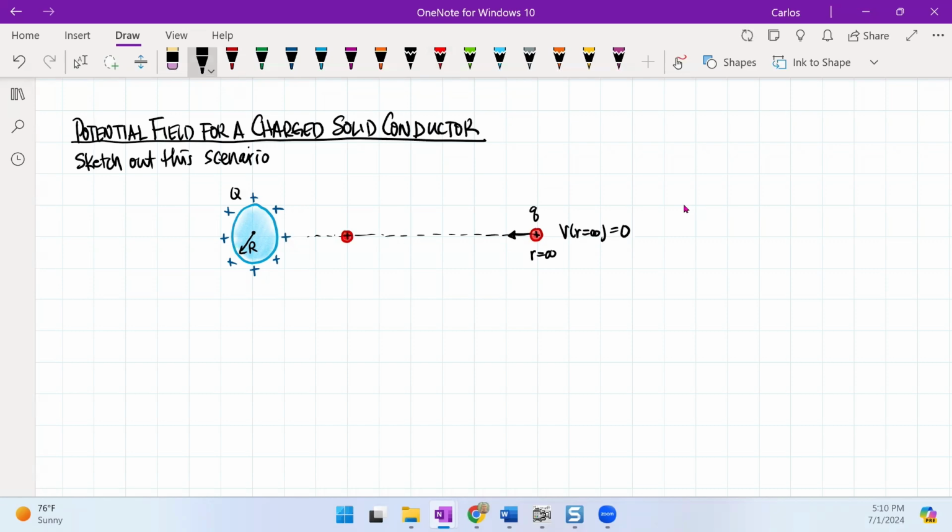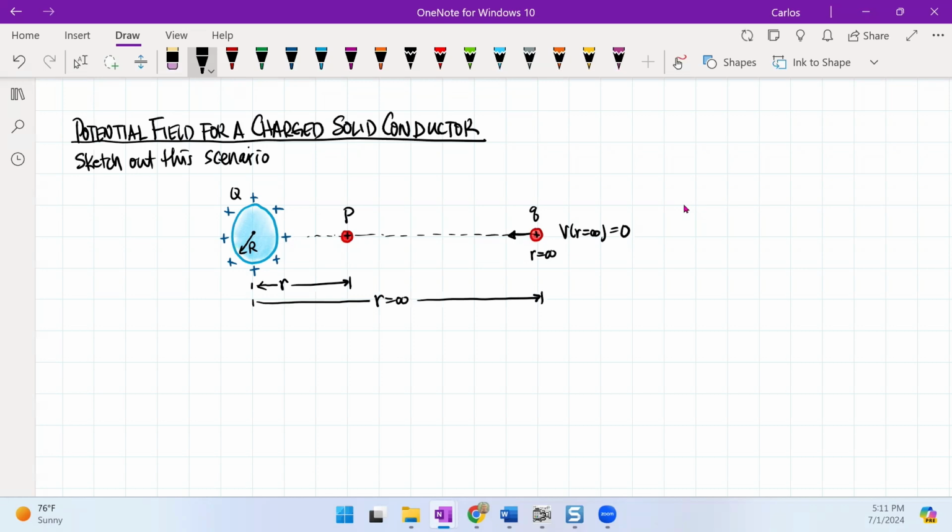And we're going to say that this is our observation point P. So if I look at this, that means I'm moving this guy a distance R from the solid conductor, and then this guy is at R equals infinity.